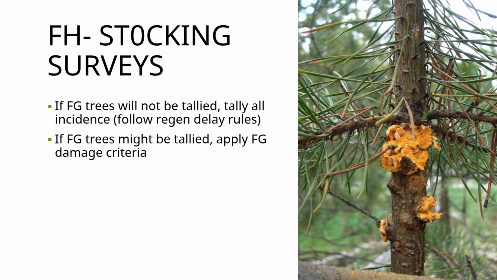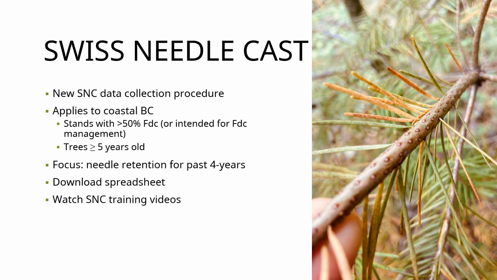But my recommendation would be to treat the survey like a regeneration delay survey if you won't be tallying any free growing information. So if your trees are really small still. If you will be collecting some free growing data, maybe you have 400 stems per hectare free growing, then treat it like a free growing survey and only record forest health damage that exceeds the damage criteria in the FS 660. All right, moving on.